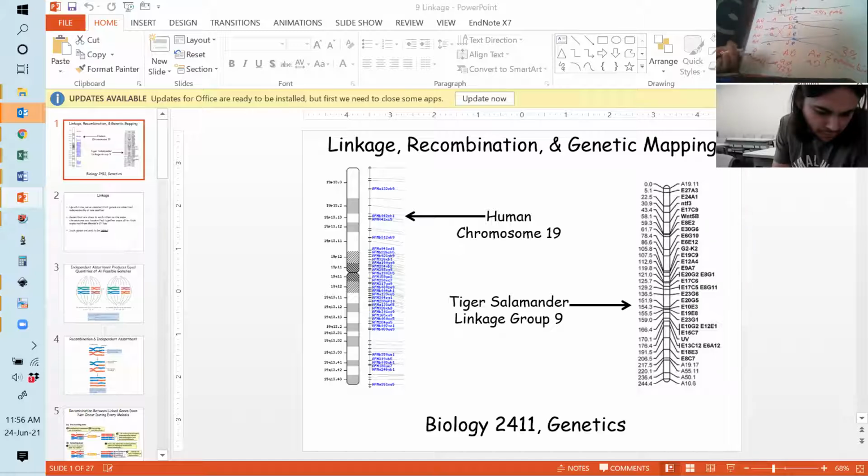What's the probability of recombination now between A and E? It's going to be 4, right? So it's directly proportional, at least in the arms of the chromosome. The further apart they are, the higher the probability that something will happen.